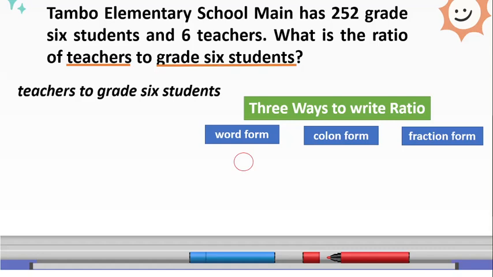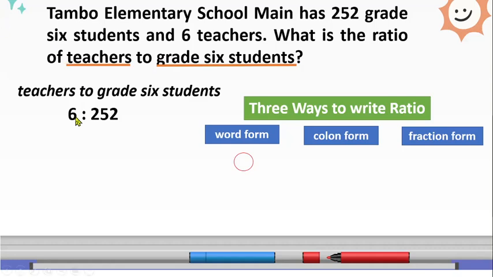How many teachers were there in the given problem? There are 6 teachers to 252 grade 6 students. So, tandaan na ang ratio ay pwede ring i-express sa lowest term by getting their greatest common factor and dividing them by its GCF.